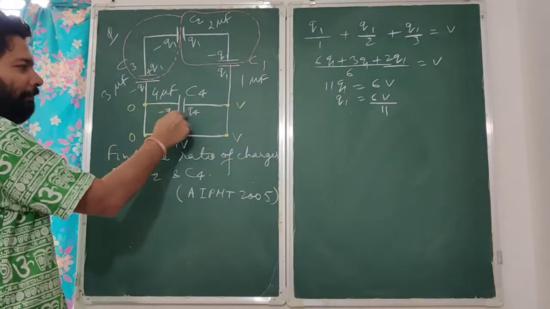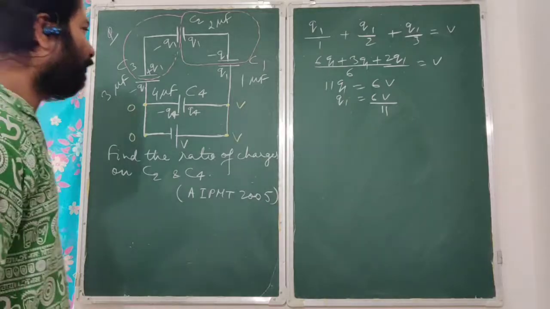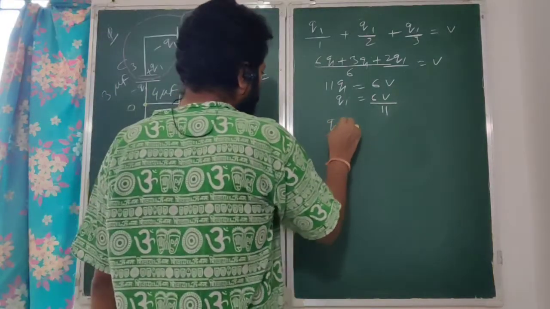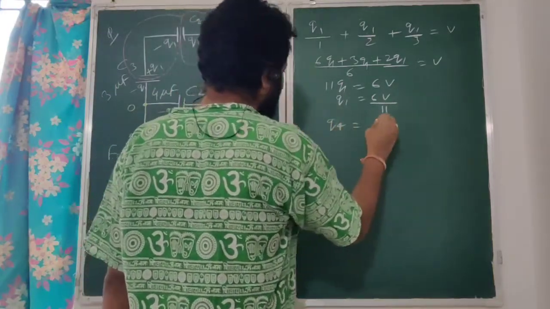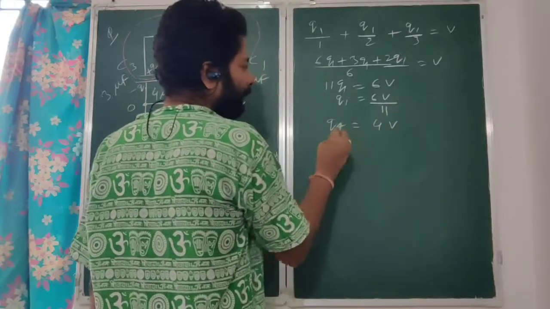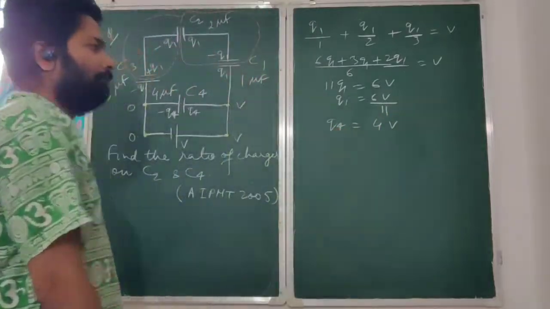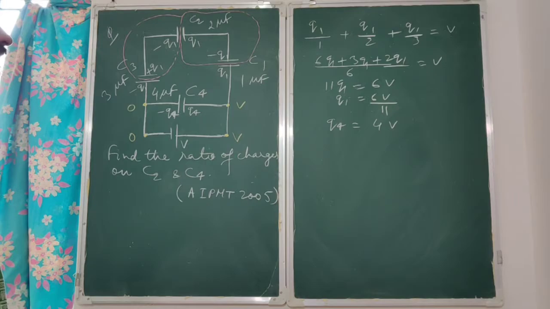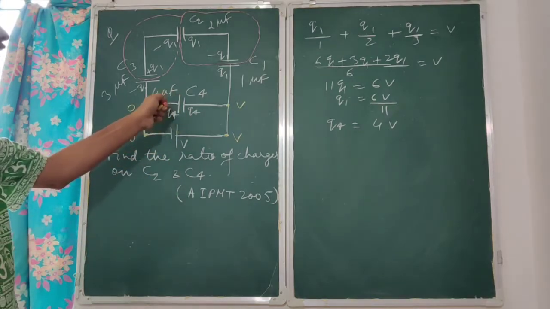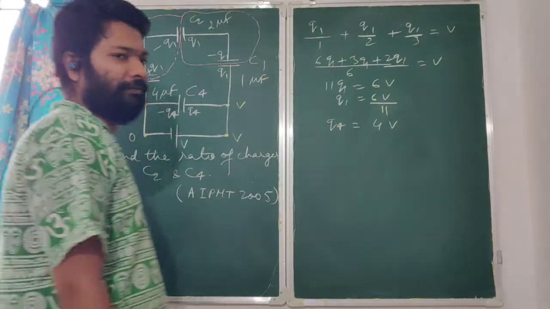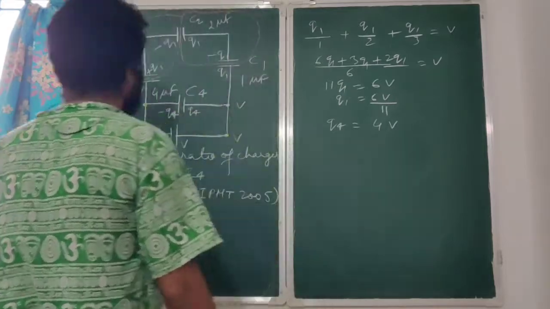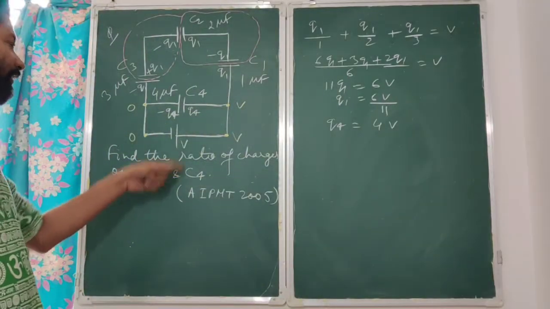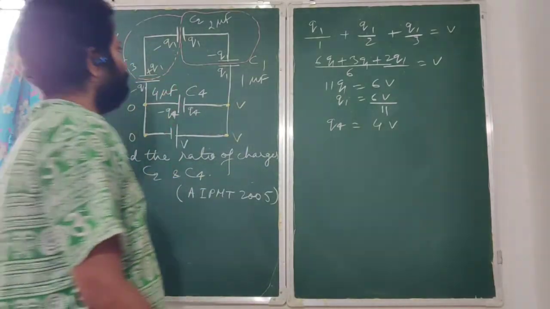Now what about this capacitor here? Again we can use Q4, and that is equal to CV. So 4 into V. Can you see it? Q4, Q is equal to C, which is 4, into potential difference V. So now they are asking us to find the ratio of charges on C2 and C4.